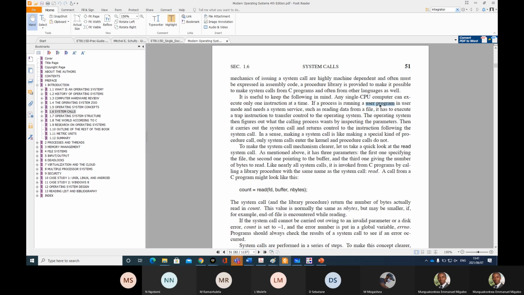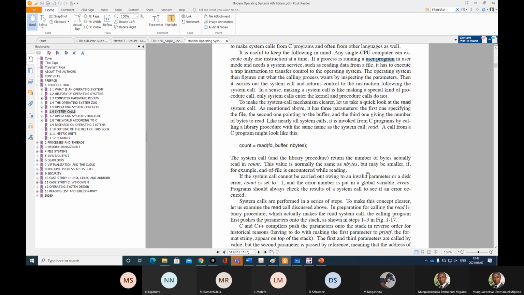That's what we call exception or error handling in your application, so that the user does not get confused, staying in the dark, not knowing what happened to the files. So they need to be given a certain error number, which is normally defined by the operating system to correspond to a specific type of error. Okay, programs should always check the result of the system call to see if the error occurred.